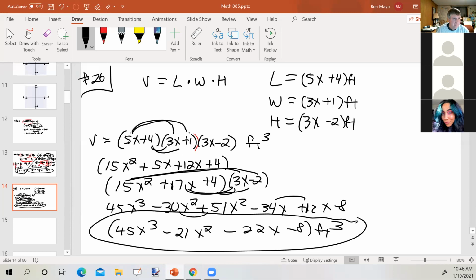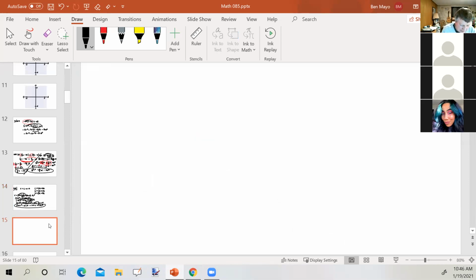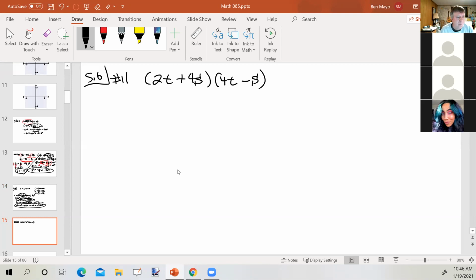Okay, so this is still in section 5.6, but this is a different student's problems. This is number 11. It says multiply 2t plus 4s times 4t minus s. So we're going to multiply those two binomials together.